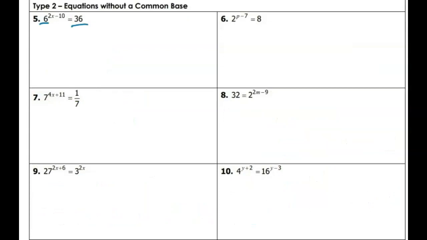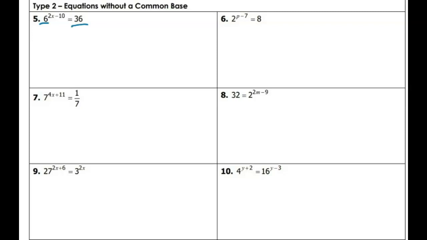The other types of problems that we might see is equations without a common base. Here we're going to have to create a common base, so we're going to have to think of powers. So in this case, notice in the fifth example, 6 and 36 are not common bases. However, you might recognize 36 as a perfect square.